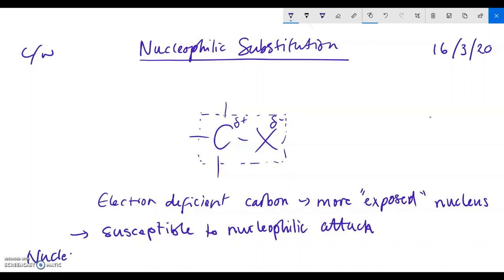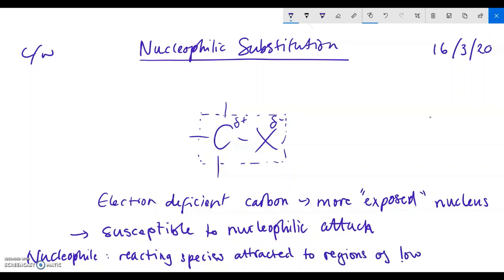Nucleophile: reacting species attracted to regions of low electron density.